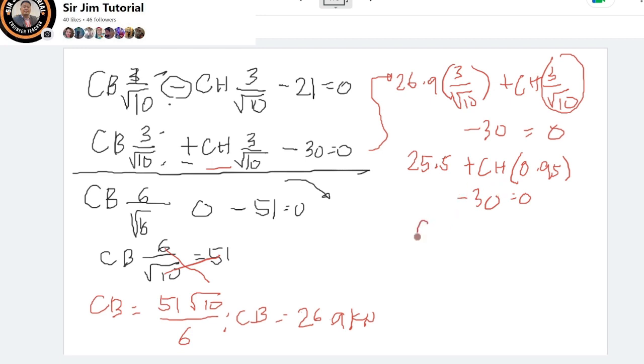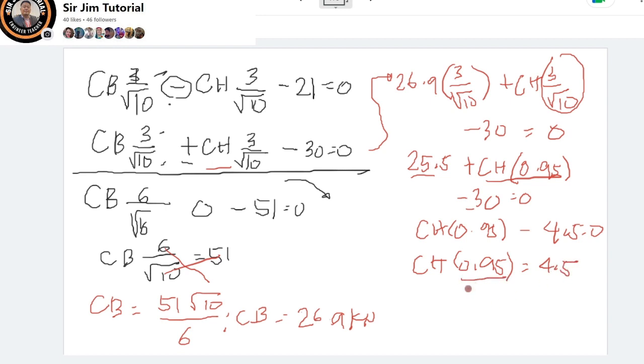So you have CH times 0.95, and then 25.5 minus 30 gives minus 4.5, equals 0. Then you just copy CH 0.95, negative 4.5 put on the right side will become positive, and then divide both sides by 0.95. Then CH will be equal to 4.74.